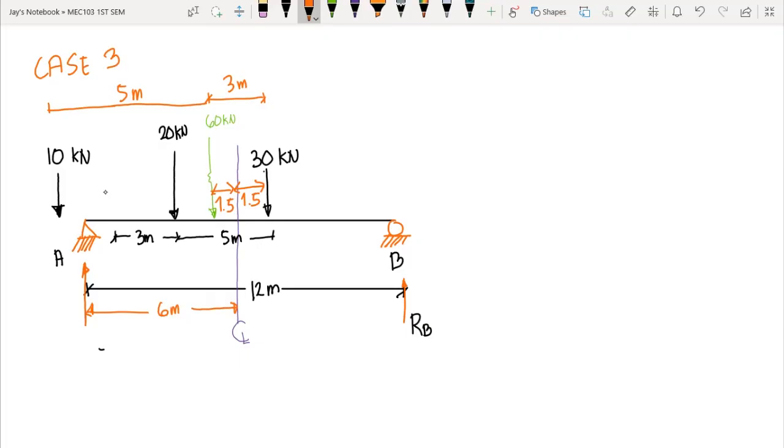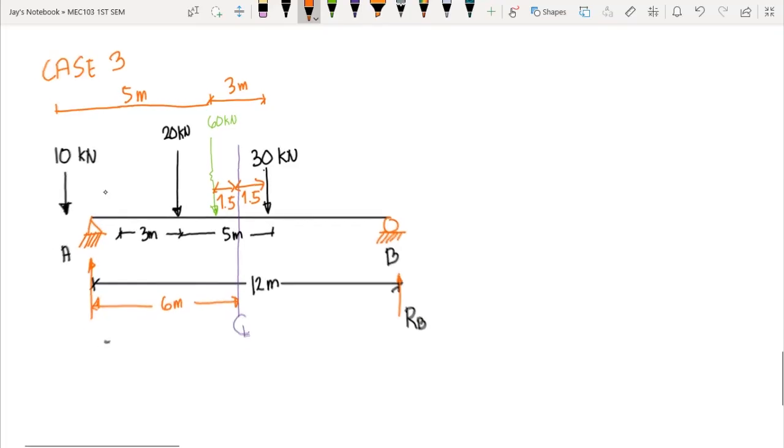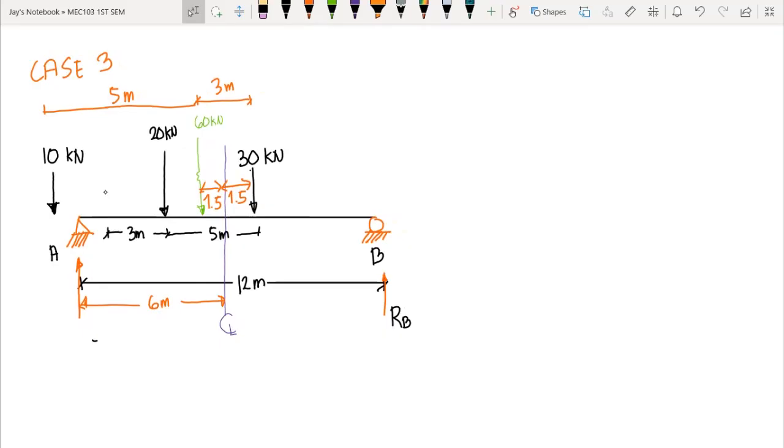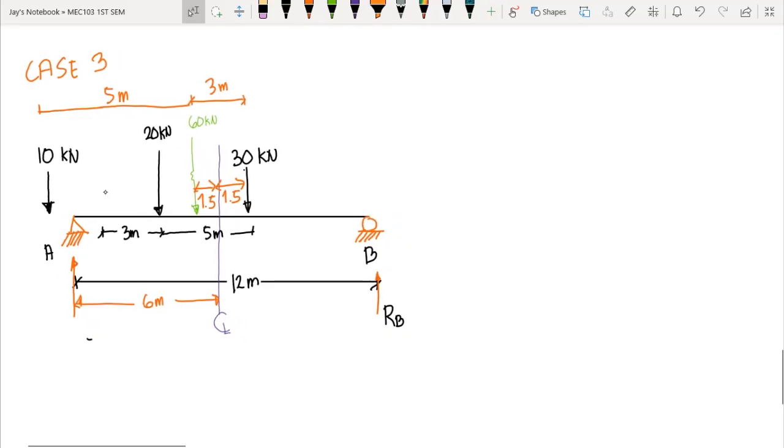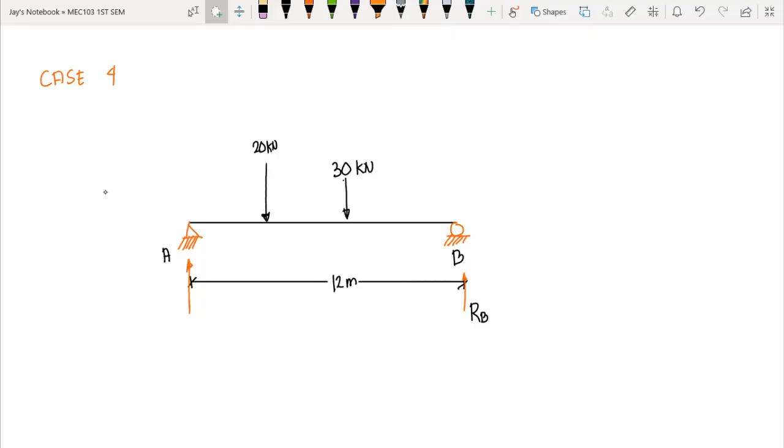So we have to apply the concept of a two-wheeled vehicle. And that brings us to case number 4, in which we only have 20 kilonewton load and 30 kilonewton load. So we have our new resultant, and the resultant here is 50 kilonewton.